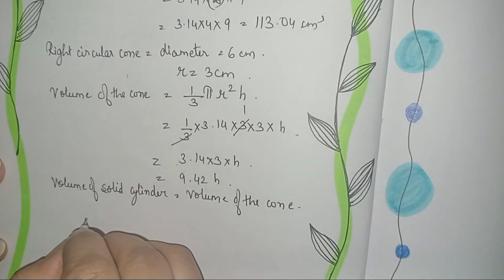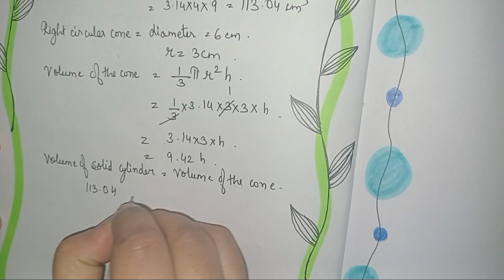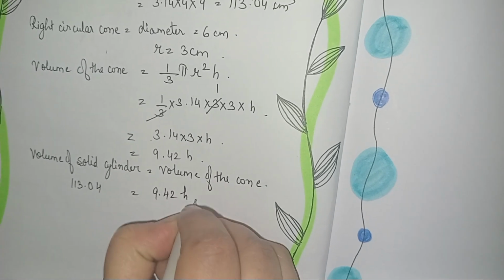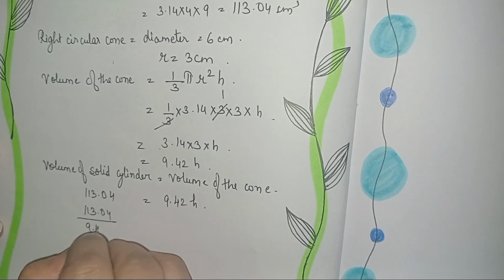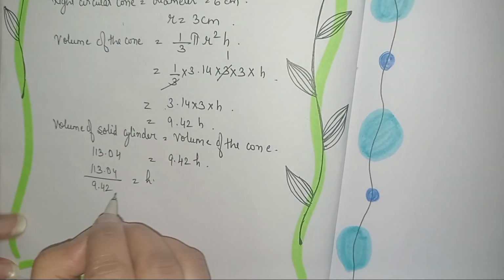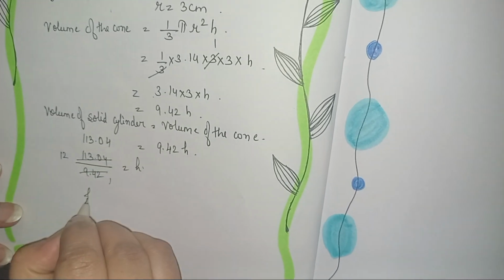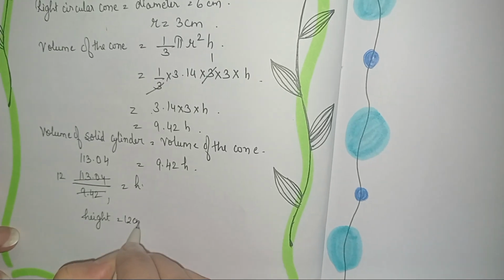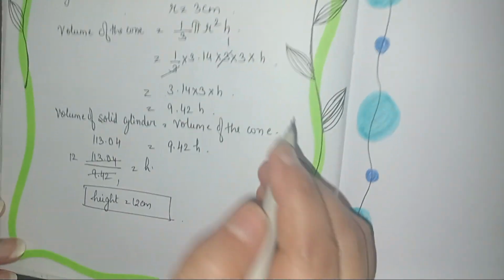Volume of the solid cylinder obtained is 113.04 is equal to 9.42 h. 113.04 over 9.42 is equal to h. On cancellation you get 12. So height obtained is equal to 12 centimeters. This is the first question they have asked you.